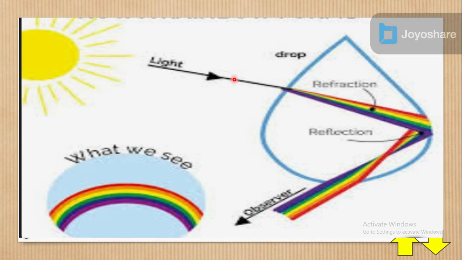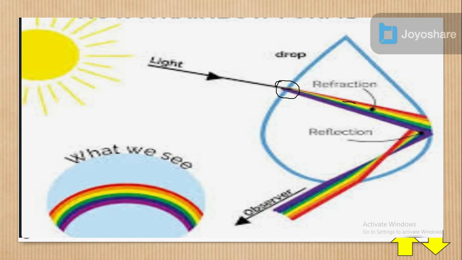So light comes and is incident here. Now at this level, I want to explain this. At this level, this light is split. I think that now we have some red, we have the yellow here, we have the green, we have the indigo, and so on. So this is what is happening.